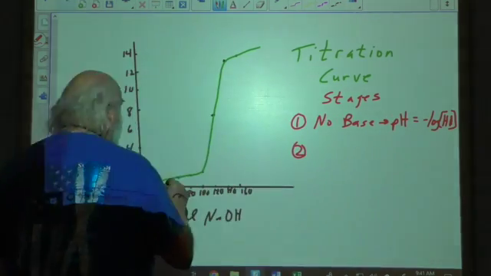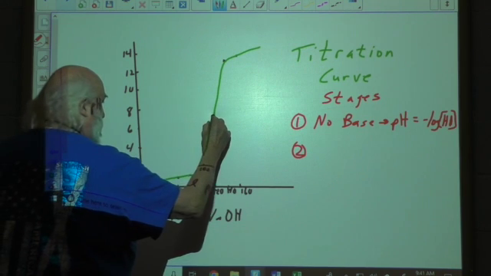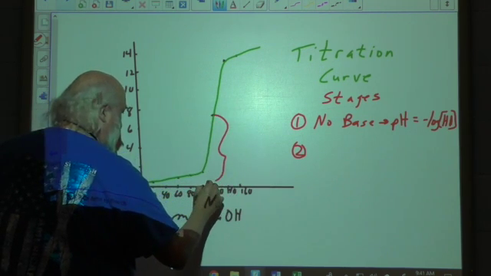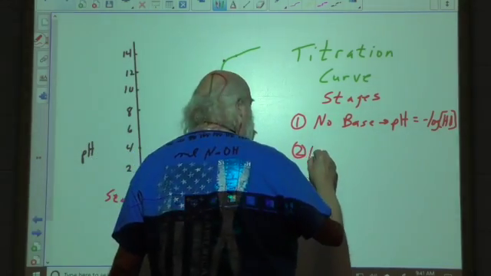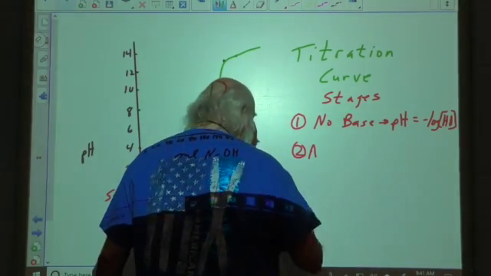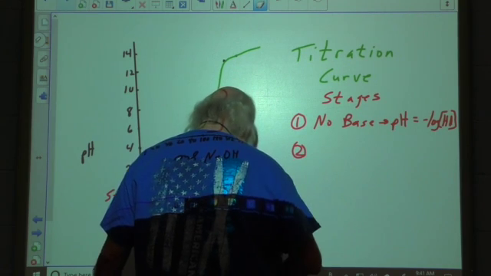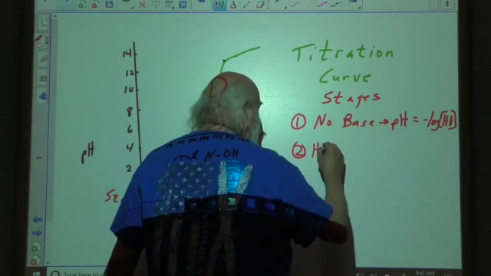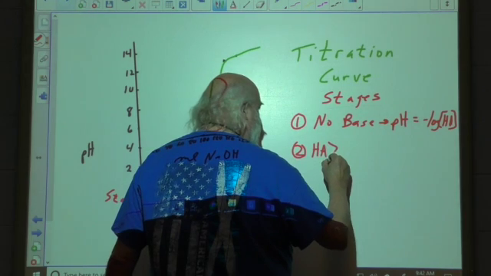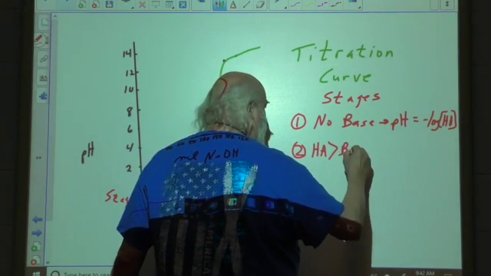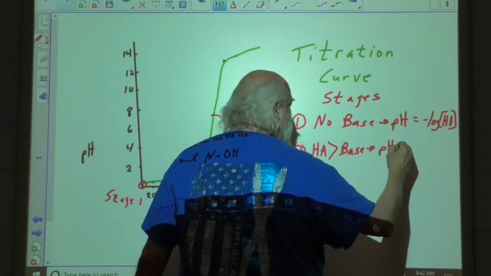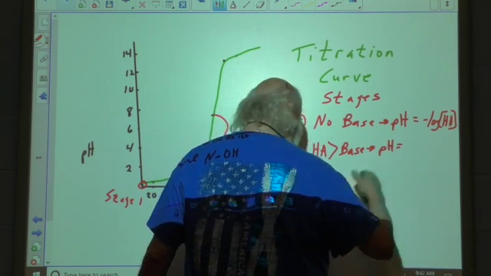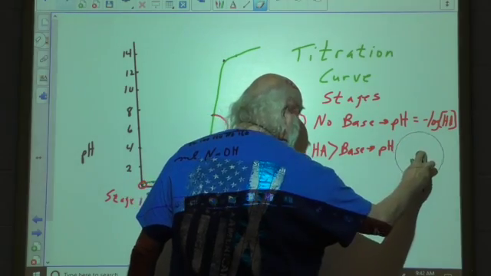Stage 2 is from here to just above stage 1 where it begins, and this is where the strong acid is greater than the base, and the pH then is going to be less than 7.